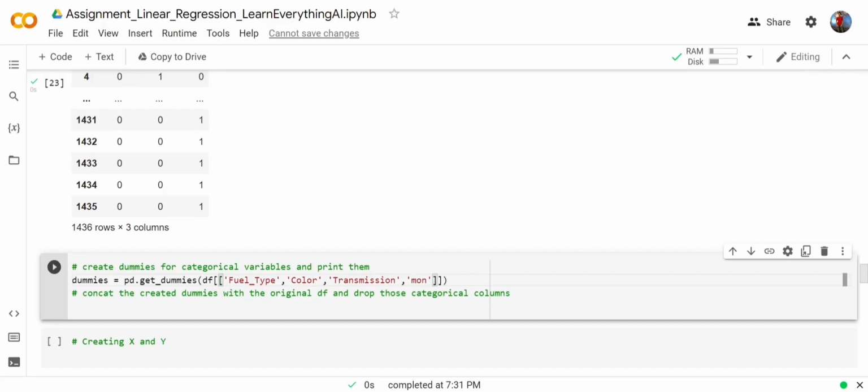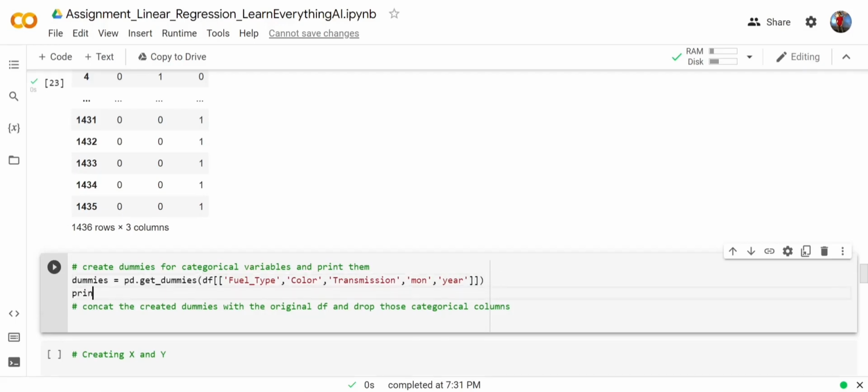We do it for the month, and we do it for the year. Then we print the dummies, and we also concat these created dummies with the original data and drop those categorical columns so that they are no longer used in the original data set, and we get to use these encoded variables in our predictive analysis.